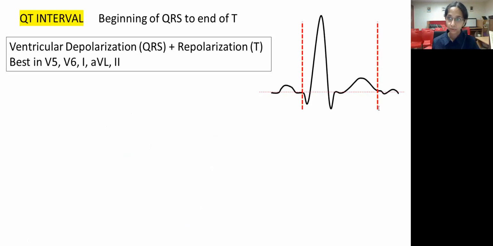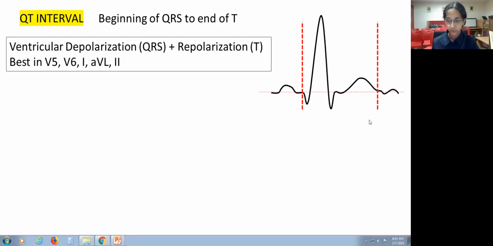Now coming down to the QT interval. So what we saw today is the Q wave, we saw the T wave, we saw the ST segment, and now we come down to the QT interval. QT interval, as a pediatrician, we commonly use this understanding in our practice. The beginning of the QRS complex to the end of the T is defined as the QT interval.